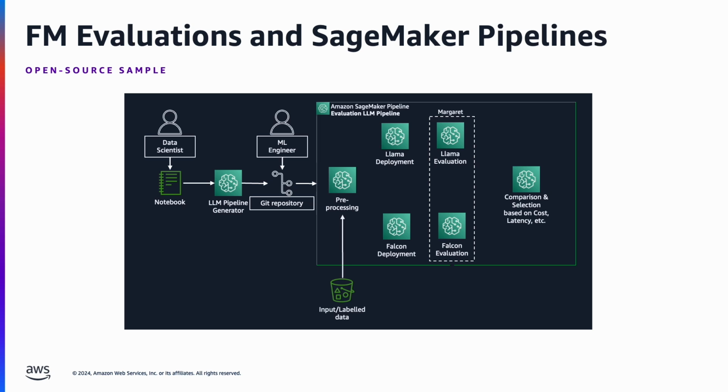So this can run a pre-processing step to transform the data ahead of time, deploy a variety of models onto endpoints, evaluate those models, and then compare them based on cost, latency, quality, toxicity, and so on and so forth.